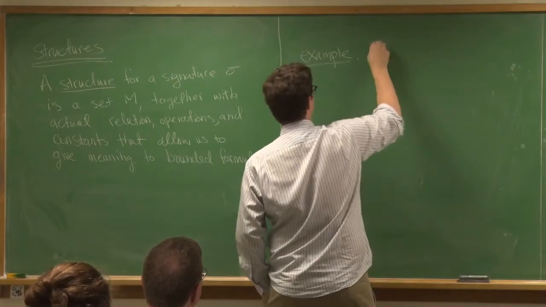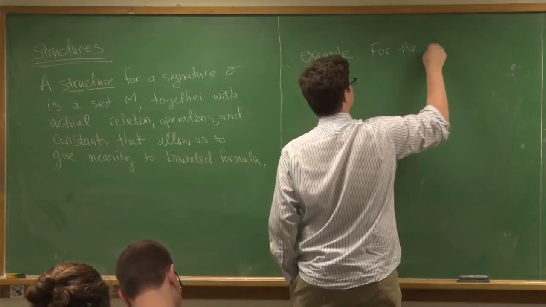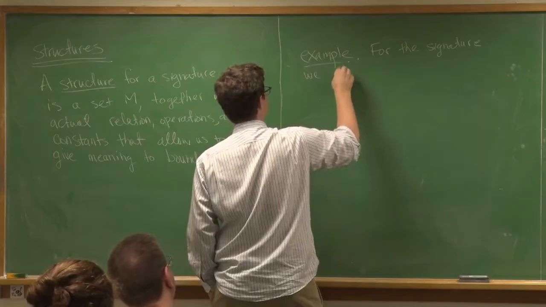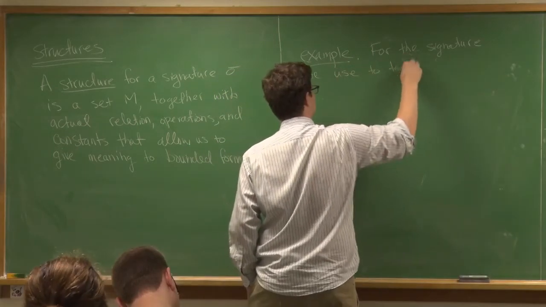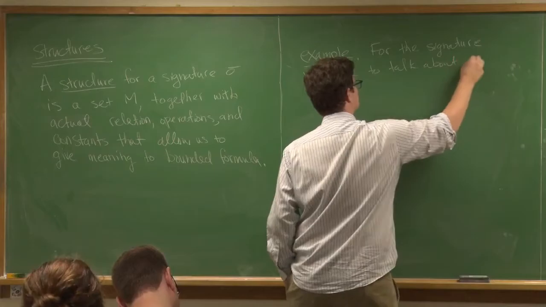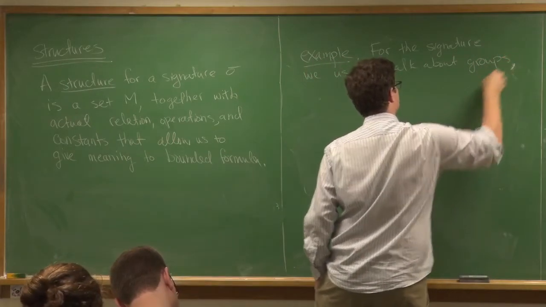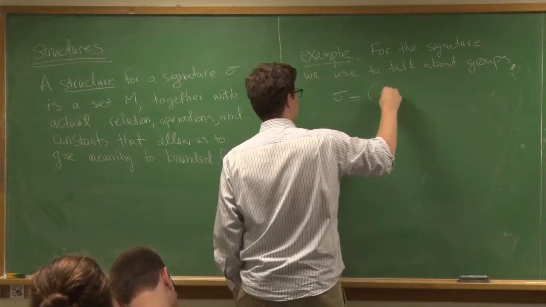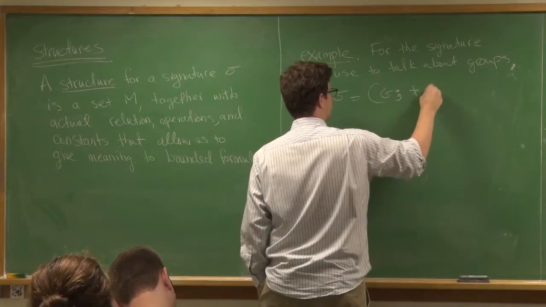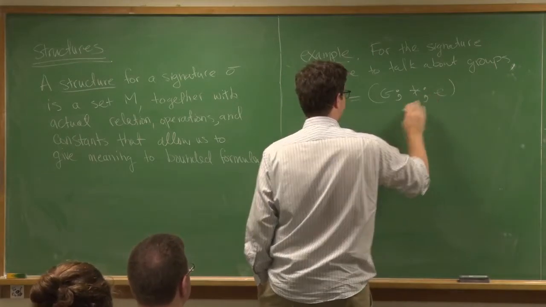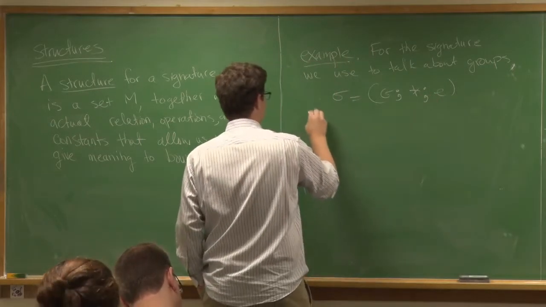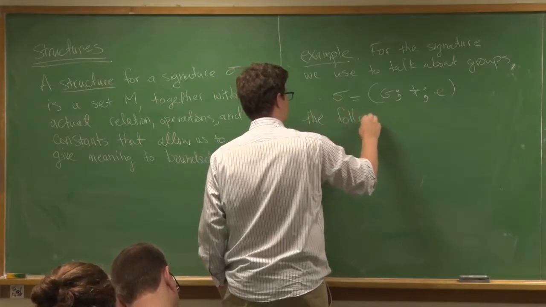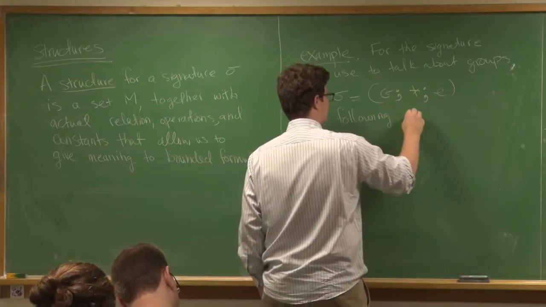So for the signature we use to talk about groups, this is the signature sigma. We'll call it G. We have our multiplication symbol, then we have our identity e. The following are structures for sigma.